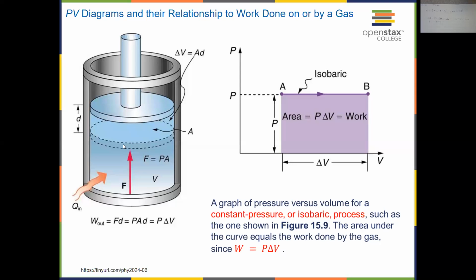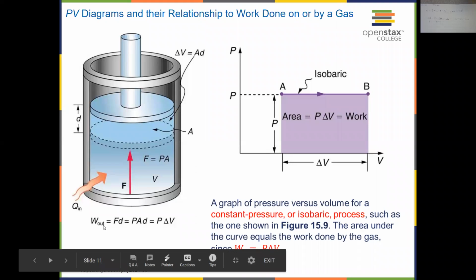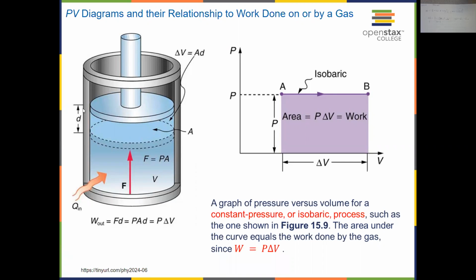So F times d will be the work done by the gas system, or work out. Again, F equals P times A, so that equals P times A times d, all right? Now A times d is the cross-sectional area times the distance.